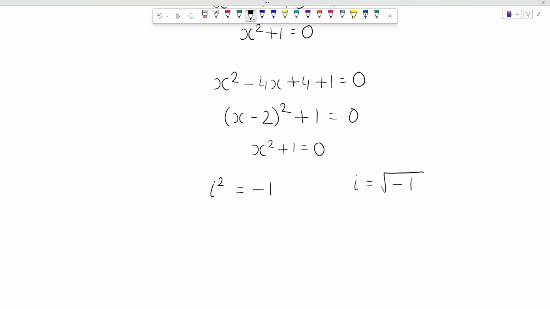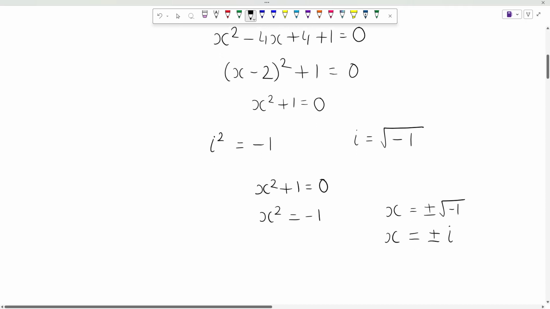Okay, iota is the imaginary constant, or we can say the imaginary unit. Now, if I take x square plus 1 equal to 0, I'll get x square as minus 1. So x will be plus or minus square root of minus 1, which will be equal to plus or minus iota.